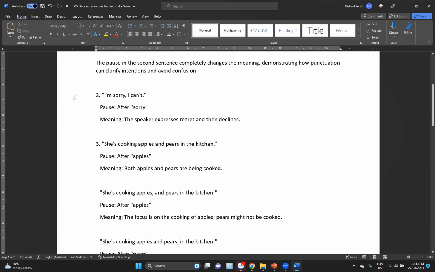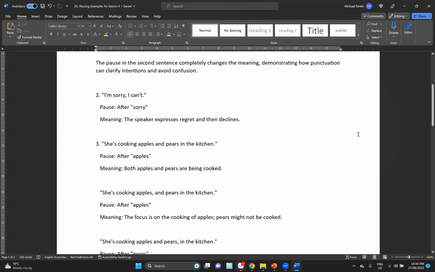No, sorry, not that one. The first sentence from number 3, please. She is cooking apple and pear in the kitchen. Very good. So if we're saying she's cooking apples and pears in the kitchen, then what we're saying is both apples and pears are currently being cooked in the kitchen.